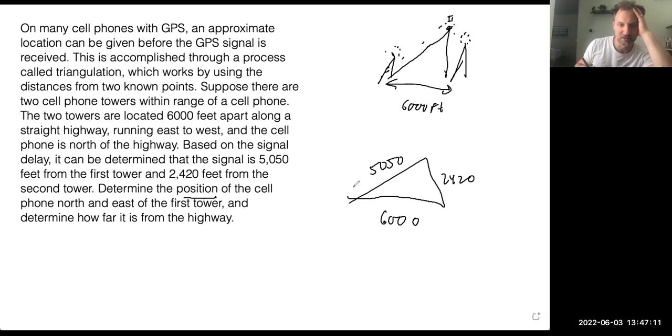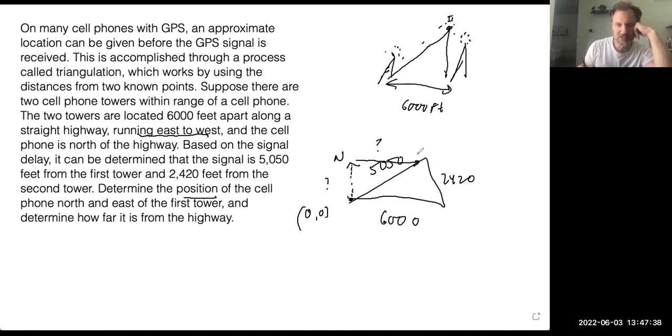I'm imagining this is north, and they did tell us this was east to west. So this is north and this is east. Basically I want to find those 2 dimensions, thinking about this as a 0, 0 rectangular coordinate plane. So how much is the y, how much is the x?